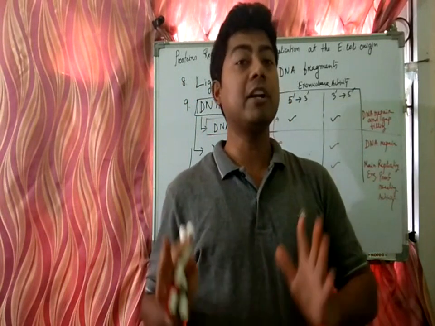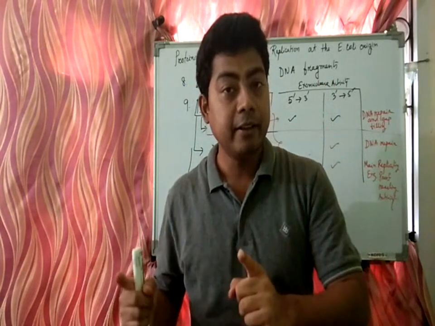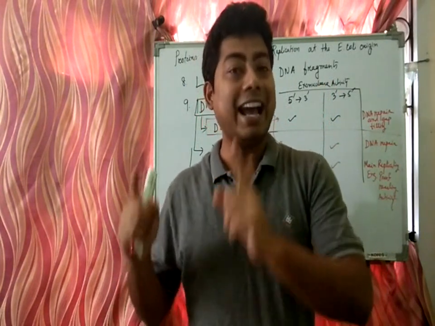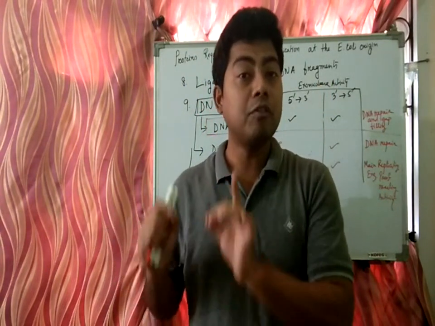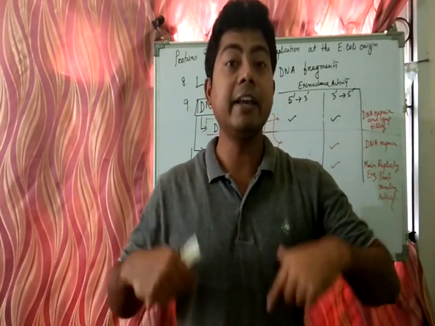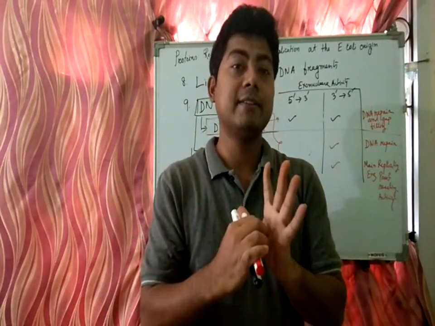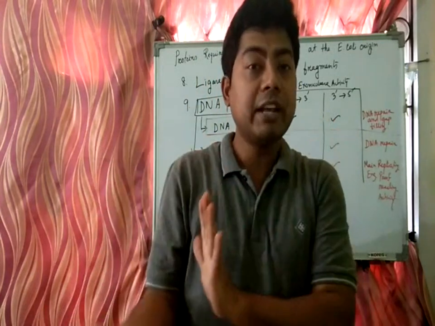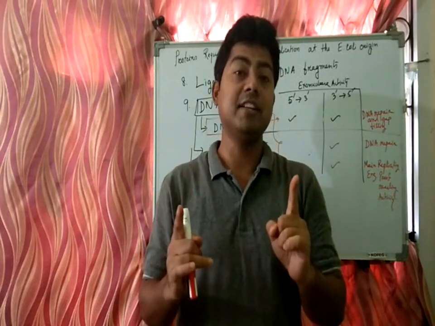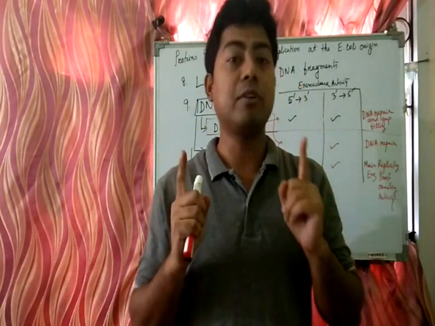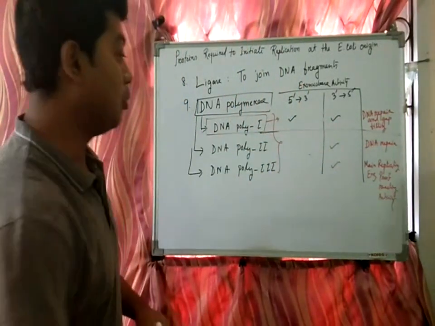And DNA polymerase 3 is the main replicating enzyme, which takes part in the replication process as well as in proofreading activities. Proofreading means it will correct the errors during the polymerization process. If some wrong nucleotides are added, then it will remove them and give the correct nucleotides. That is called proofreading activity, and it is a very important process. Okay, this is the function of DNA polymerase.